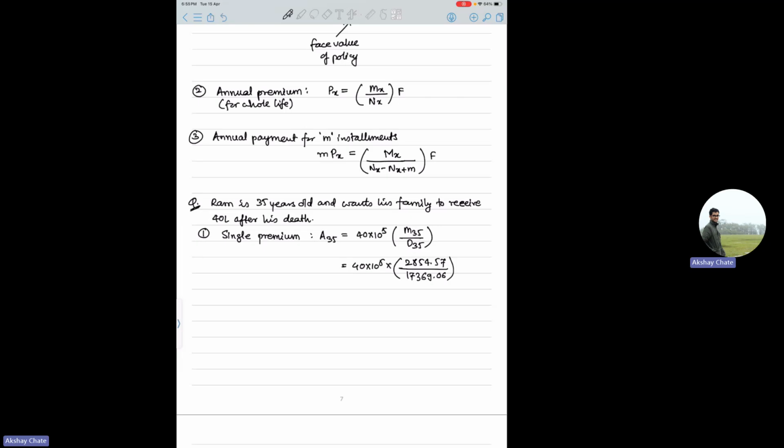Okay. So now in such cases, let's do the calculation. So 40 lakhs.